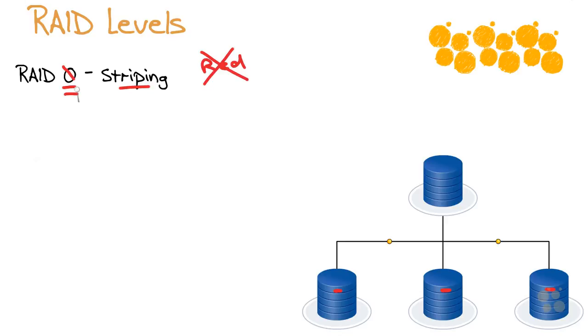You could argue this isn't RAID at all. Sure, we get high performance, sure we haven't lost any capacity on the disks, but we're not redundant with RAID 0 or striping.